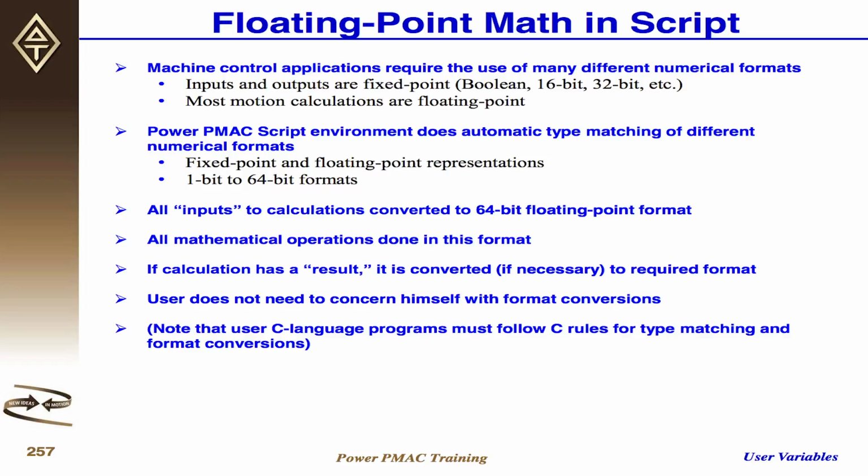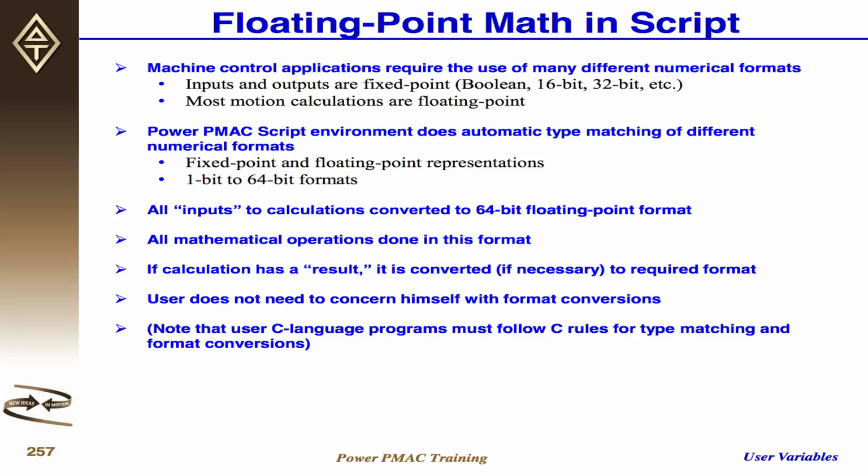So the PowerPMAC script environment does automatic type matching of different numerical formats for you. It can do fixed point and floating point representations, and anywhere from 1-bit to 64-bit formats. All inputs are converted to 64-bit floating point by default. All mathematical operations are done in this format for the highest amount of precision. If the calculation has a result, it is automatically formatted into the correct format for that result.